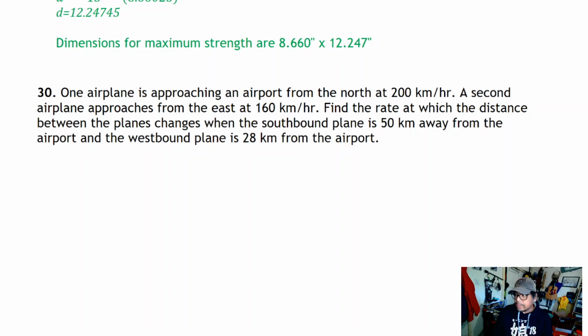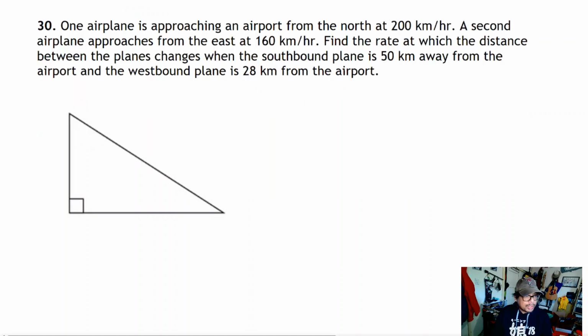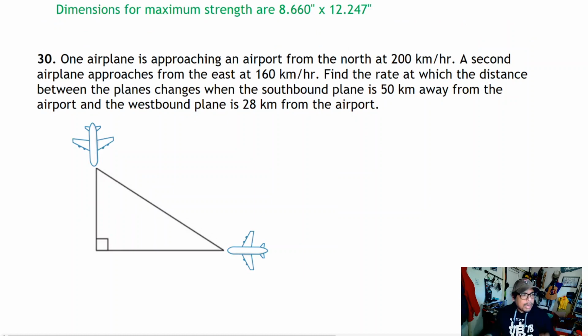We have an airport in the center and a plane at the north and a plane at the east. So I'm thinking this looks like a right triangle. So we've got our airport in the center here. Let's put an airport there. Okay, now that I've created this as best as I can, we're going to figure out our distances.